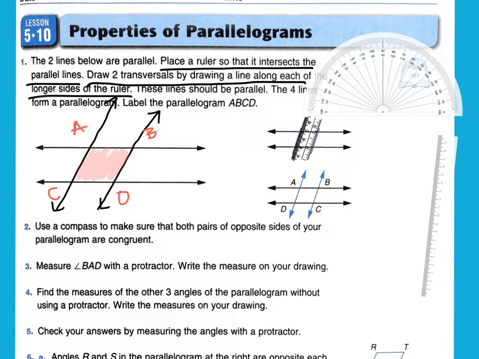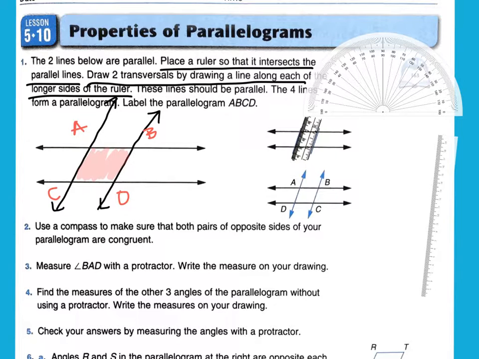Then if we look at number 3, we are supposed to measure angle BAD with a protractor. Now this is where some of us have been having a little bit of a struggle just knowing how to measure our parallelogram, and I actually labeled mine incorrectly, so I'm going to fix that first.